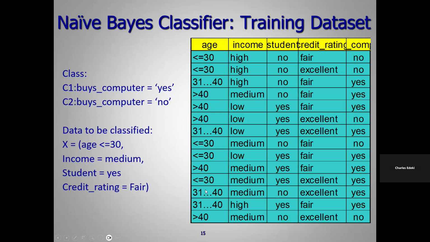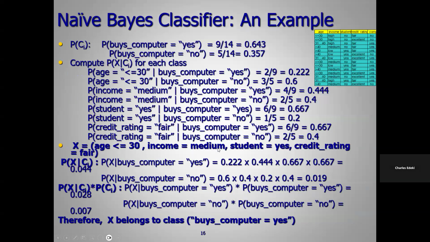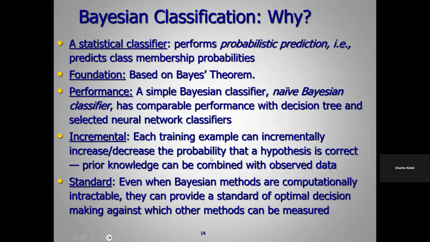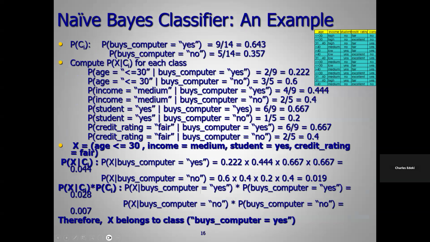So when I look at the no, I have 1, 2, 3. It's 3. Then yes, it's 2. So that's where we get 2 and 3.